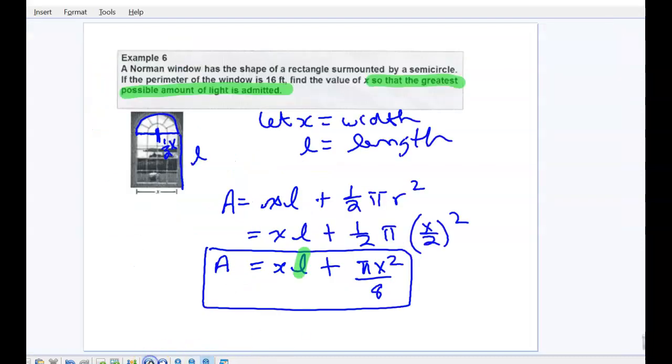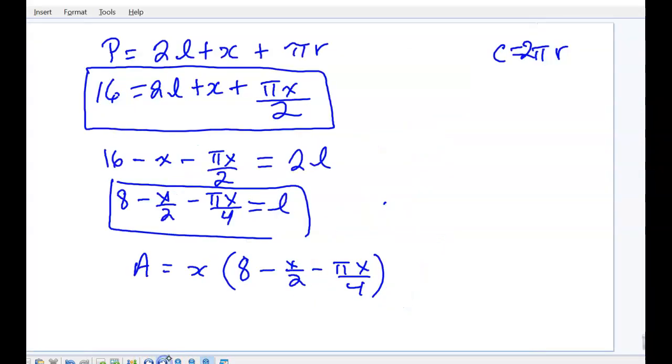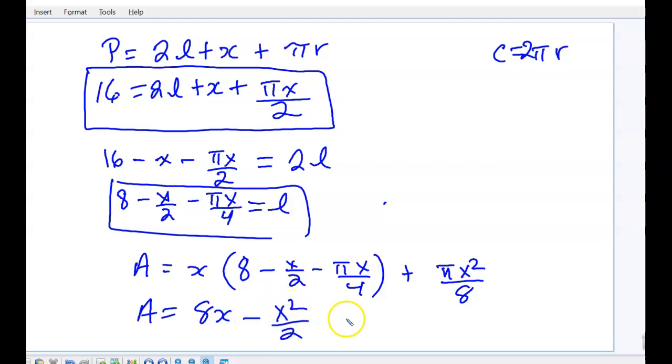So that's x times L plus pi x squared over 8. Okay, so if I distribute the x here, I get 8x minus x squared over 2 minus pi x squared over 4 plus pi x squared over 8.